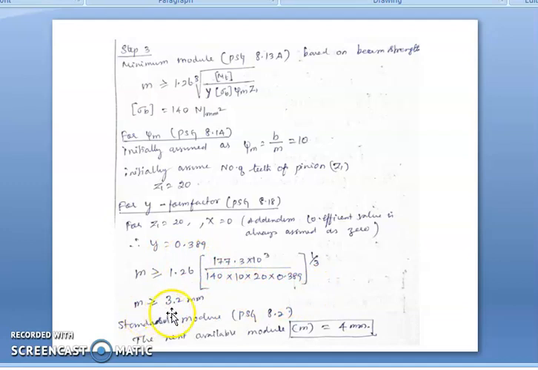So m is greater than or equal to 3.2 mm. This is not an actual standard value, so we should standardize the module first. For that we use page number 8.2. From this we find the next available standard module is 4 mm. So the module of the gear drive is 4 mm.